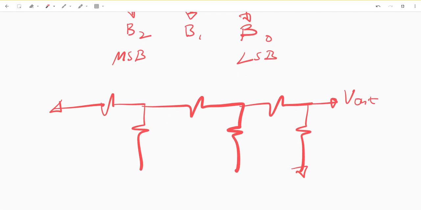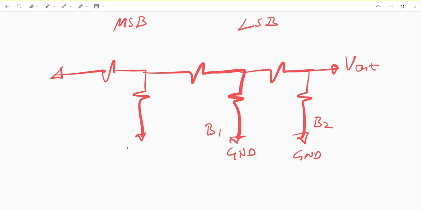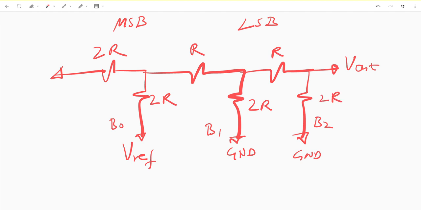So our B2 is grounded, B1 is grounded, and B0 goes to our reference. Again, these resistors are the same, R-2R, R-2R.